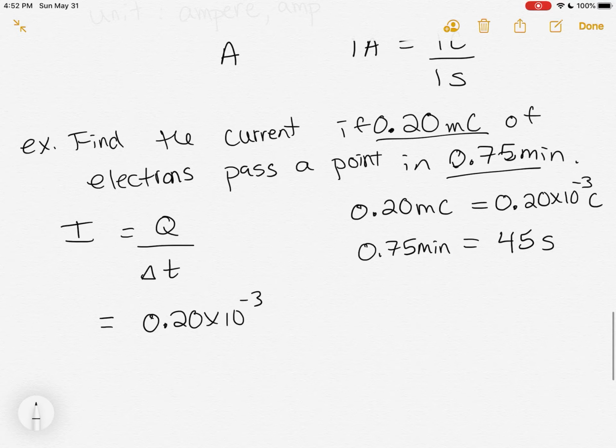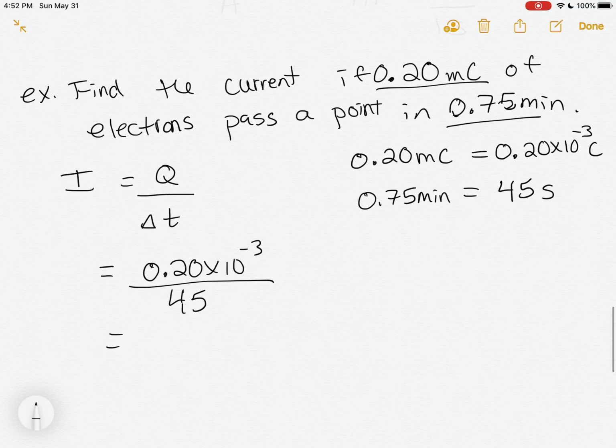All right, so we have 0.2 times 10 to the negative 3 coulombs on the top, 45 seconds on the bottom. And so we're at 4.4 times 10 to the negative 6 amps.